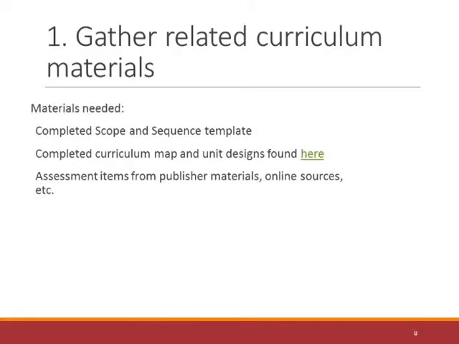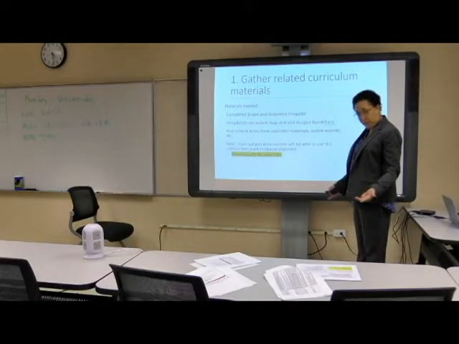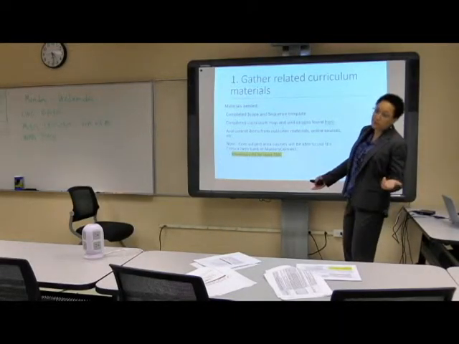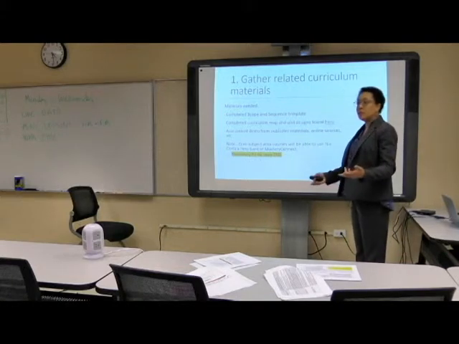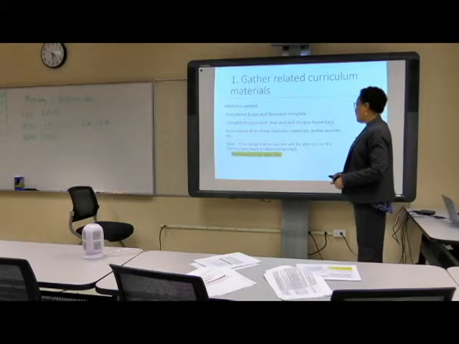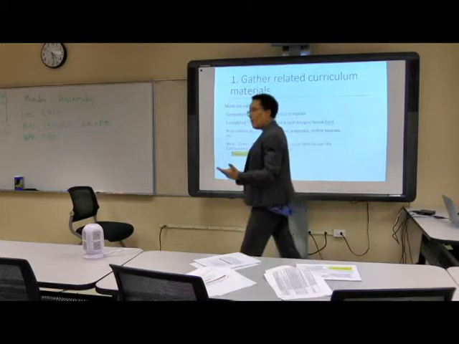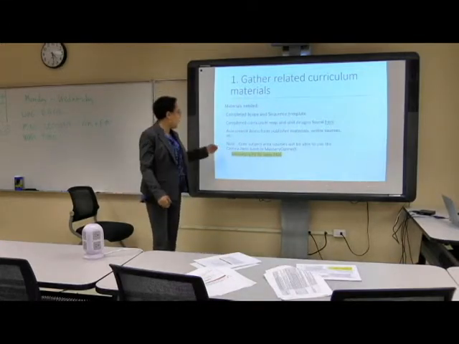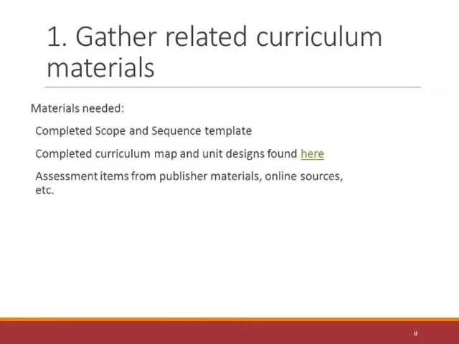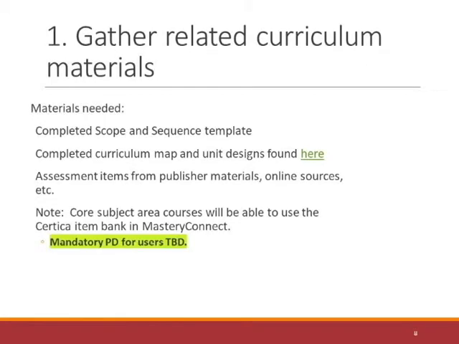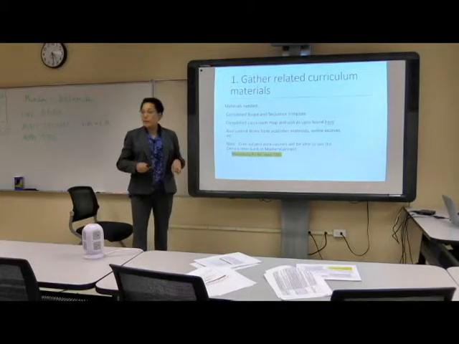If there are other online resources that you have used in the past to help you write questions for assessment, great, use them. Don't violate any copyright laws, but you can use those questions as a framework, for example, and that will make more sense as we start talking about making parallel items, okay? The other thing is that if you're in a core content area, English, math, science, social studies, there is a Certica item bank that's embedded in Mastery Connect.